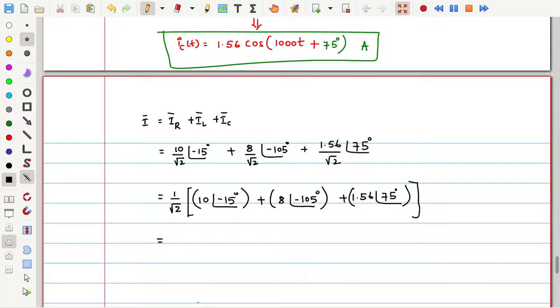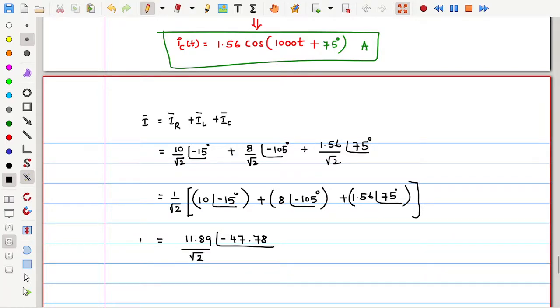Let us compare your answer with my answer. So how much I got is 11.89 at an angle of minus 47.78, divided by root 2.